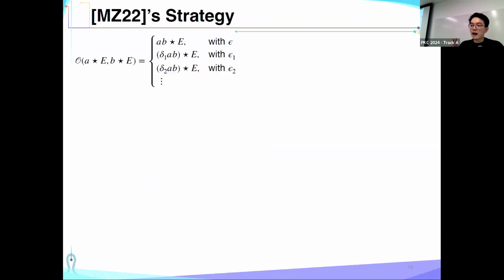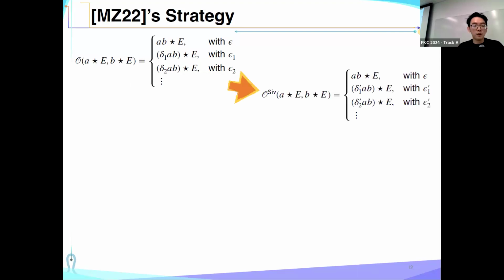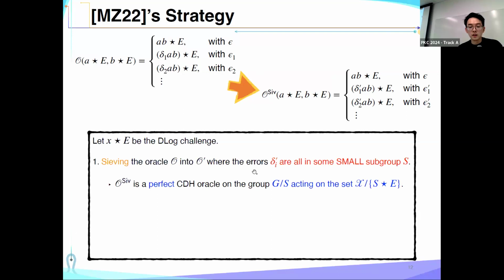The high-level idea of Montgomery and Zhandry is that they want to modify the oracle, kicking some elements out of its output, so that it becomes a new oracle whose error terms are all in some small subgroup S. Why do we care about this?